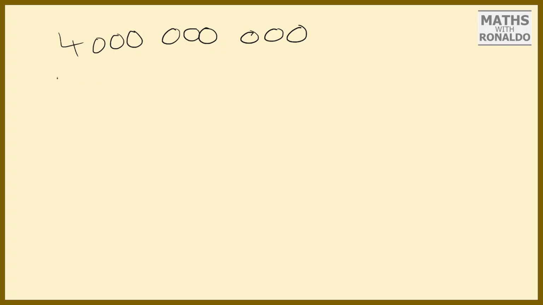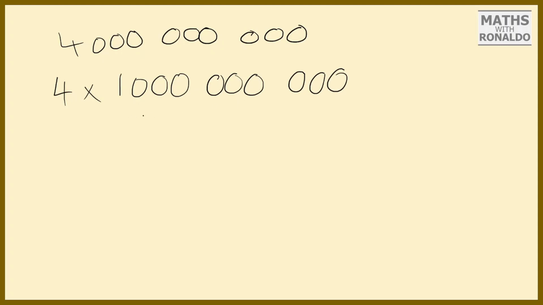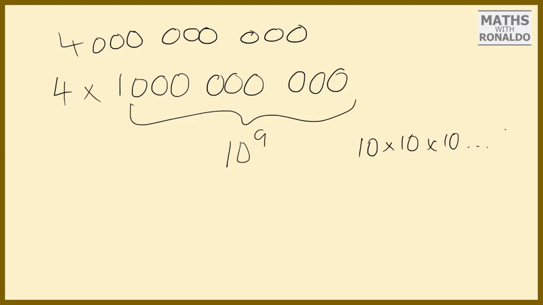And we can actually express this as 4 times 1 billion. Now this part can be expressed as 10 to the power of 9, because this is the same as 10 times 10 times 10, 9 times. Now 4 times 10 to the 9, that is your answer in standard form. We have rewritten it in a way shorter, a way more efficient method.